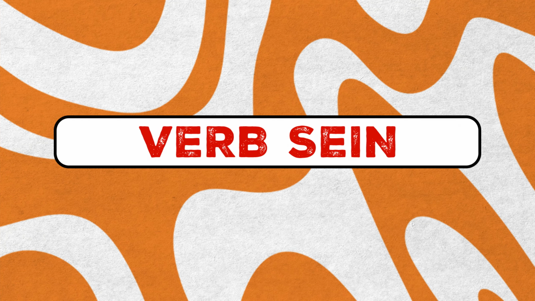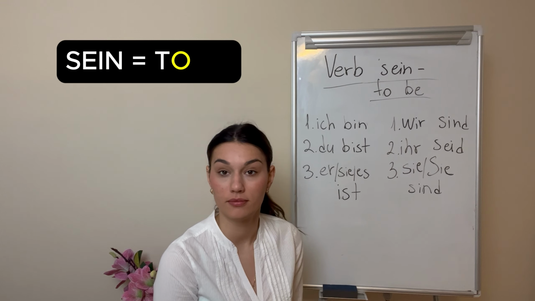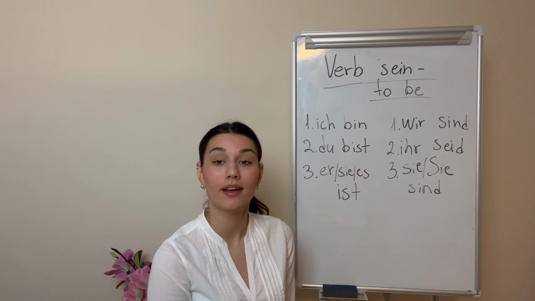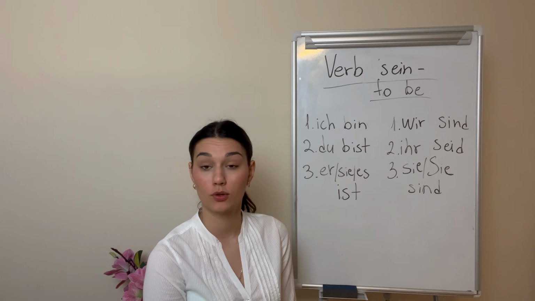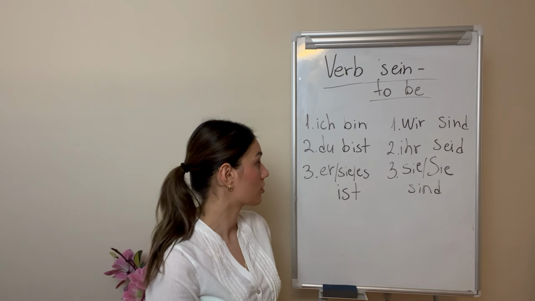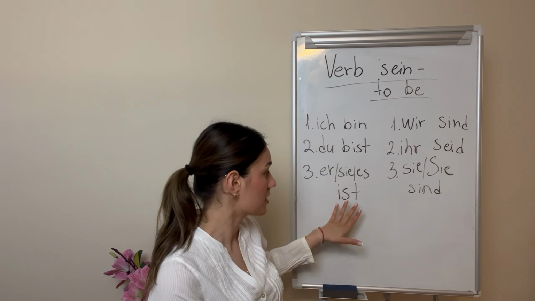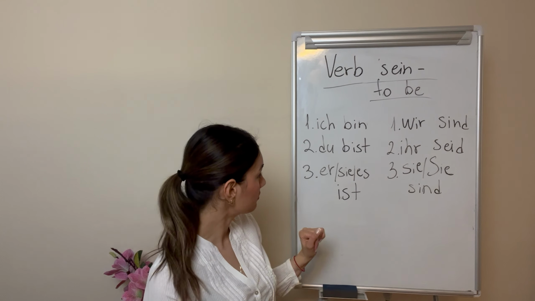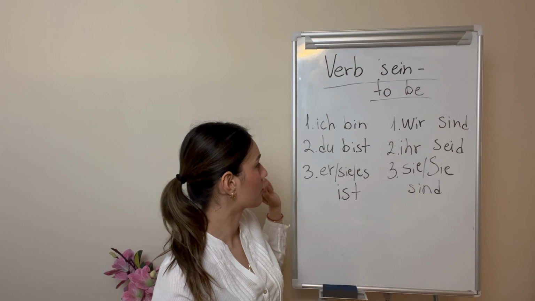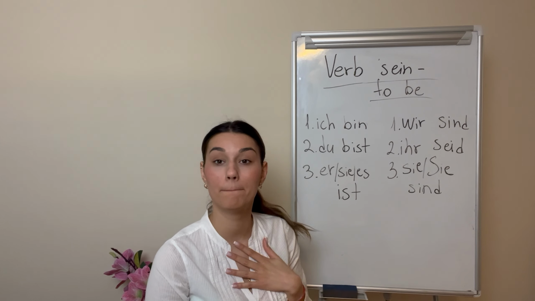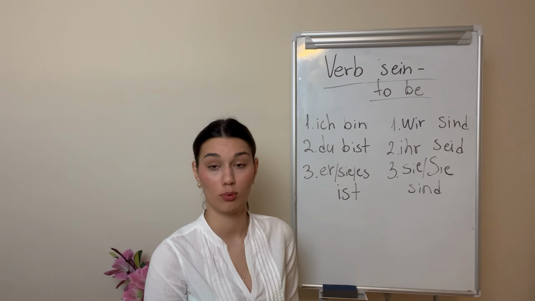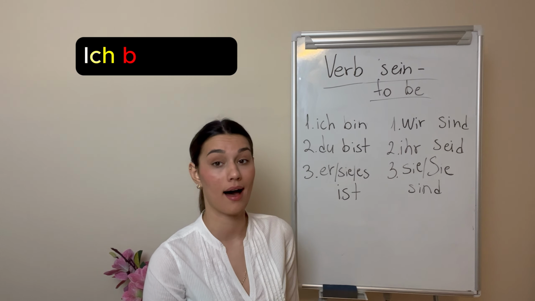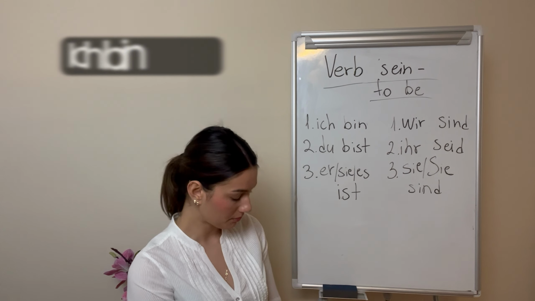Verb sein. To be. Repeat after me. Sein. To be. So once again, here we have singular form and here we have plural form. Let's begin with singular form. Ich bin. That will be translated as I am. The next one.